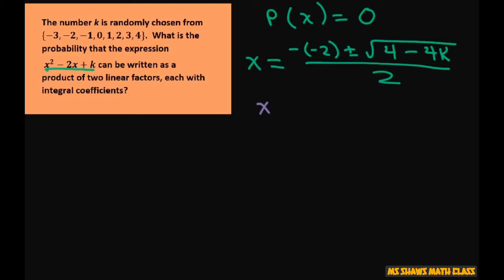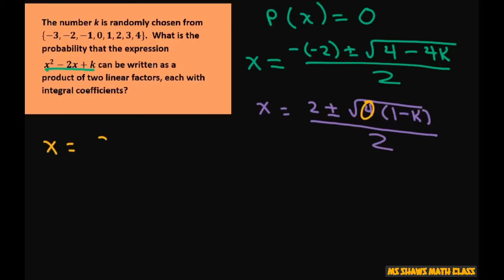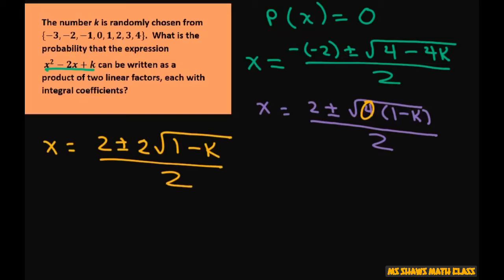It's going to be x equals 2 plus or minus square root. I'm going to pull out a 4 here, times 1 minus k, divided by 2. All right, square root of 4 is 2, so I'm going to write this as x equals 2 plus or minus 2 square root of 1 minus k, divided by 2.